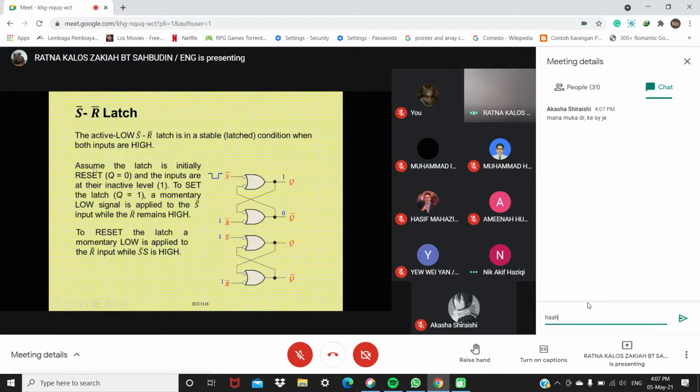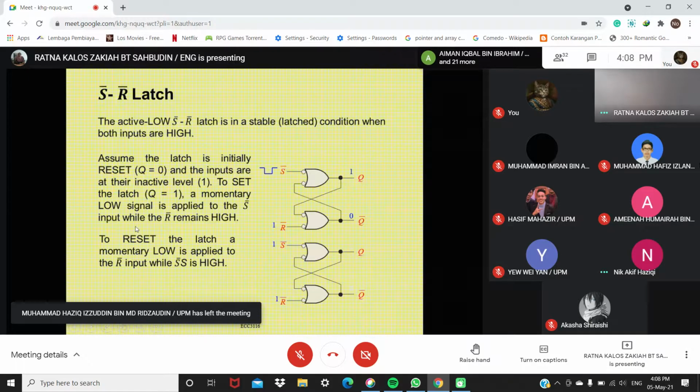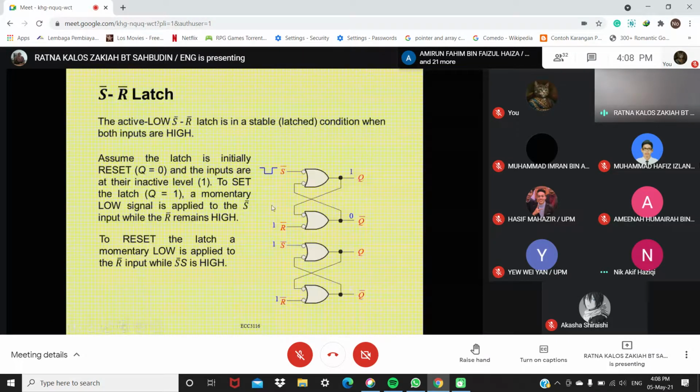Okay, let's see how. So assume the latch is initially reset. Reset meaning Q is 0 and Q bar is 1, right? And the inputs are at the inactive level, that is 1. So to set the latch, you want to set Q equal to 1. So a momentary low input signal is applied to S bar here, while the R bar here remains high.